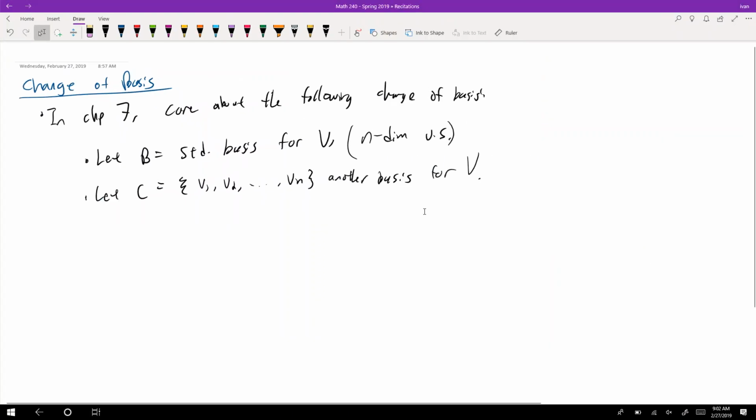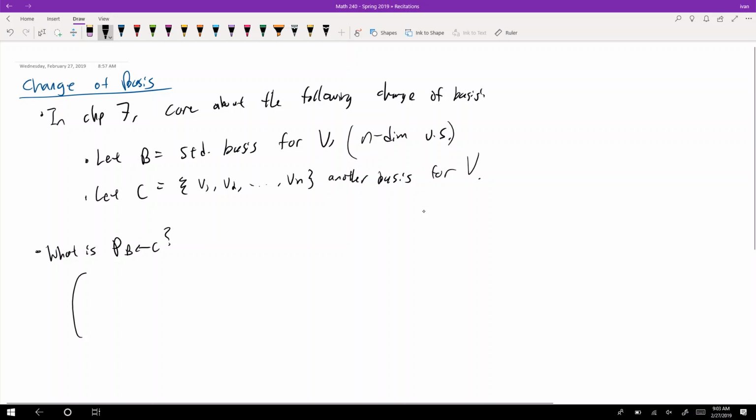So B is the standard basis, and C is just any other basis for V. What I care about then is the following: what is P from C to B? And how do we set this up?